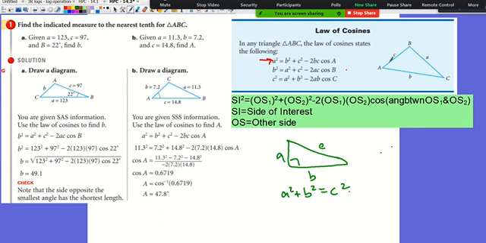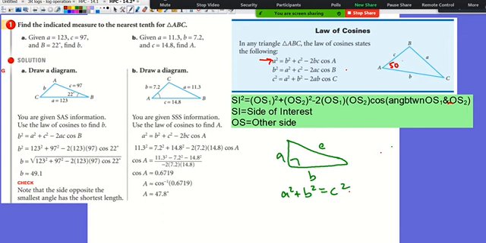Now, let's say we have a triangle over here, and let's make one angle a nice clean number like 50.